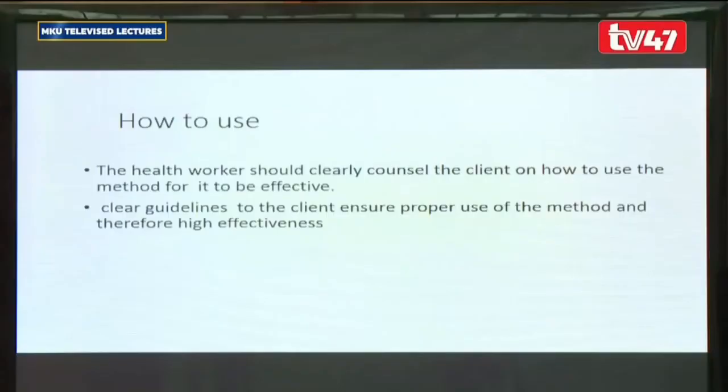The other thing is you have to know how to use the method. If you understand how a method is used, it is then up to you to explain to the client how that method is used. The healthcare worker should clearly counsel the client on how to use the method for it to be effective. Clear guidance ensures proper use of the method, and this leads to high effectiveness.